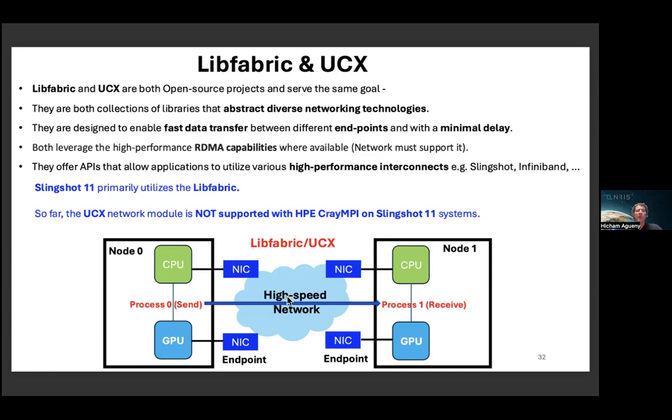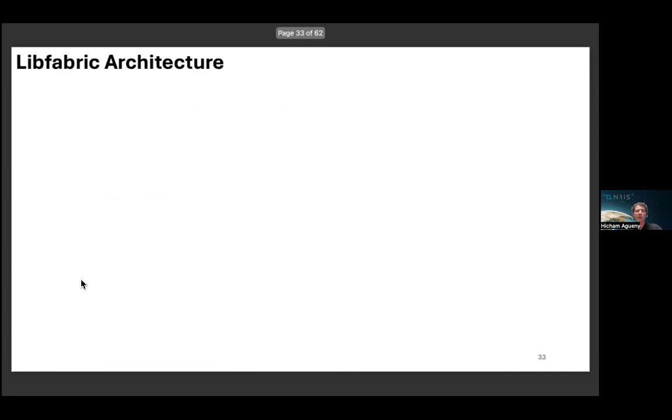One important piece of information here: Slingshot 11, for instance, primarily utilizes libfabric, and so far it doesn't support UCX with HPE Cray MPI. So this is important to verify, whether using libfabric or UCX.